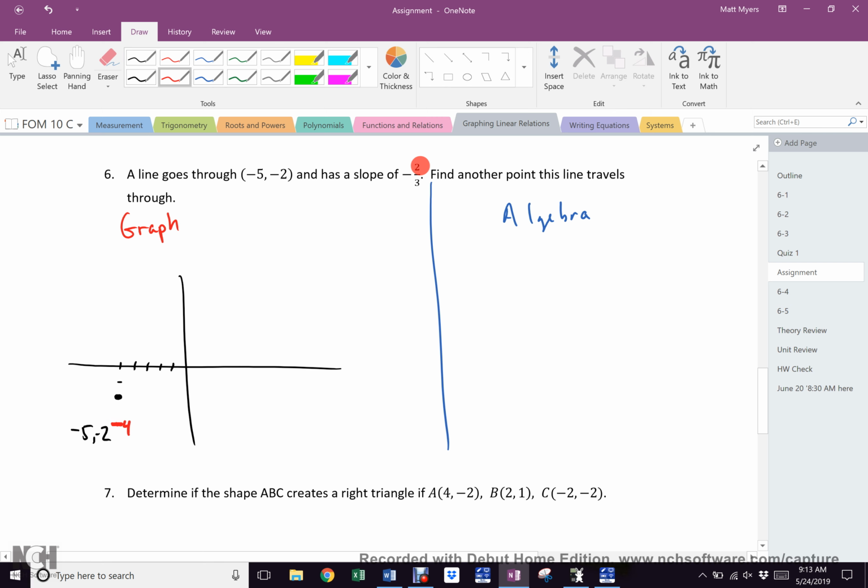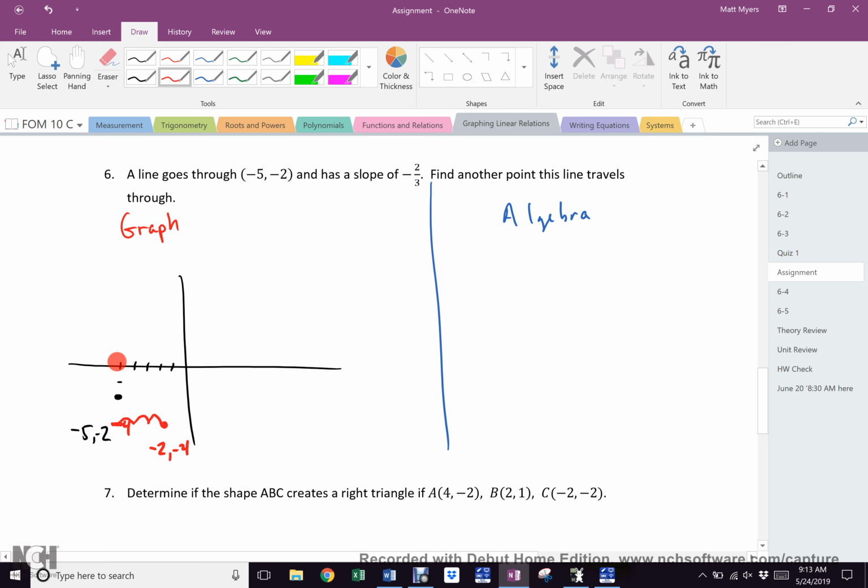Positive 3. So how do I show that? I go right 3. 1, 2, 3. There is my dot, yes? It is 3 to the right of -5 or -2? -5. So it is -2, and it is 2 down from -5 or -2? -4. That is one possible point.